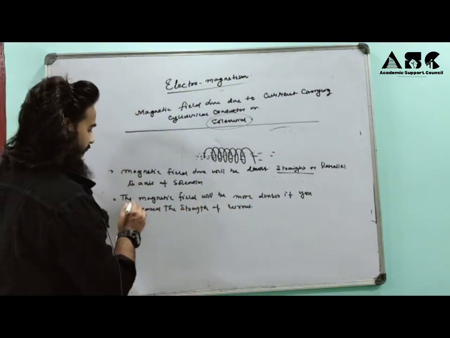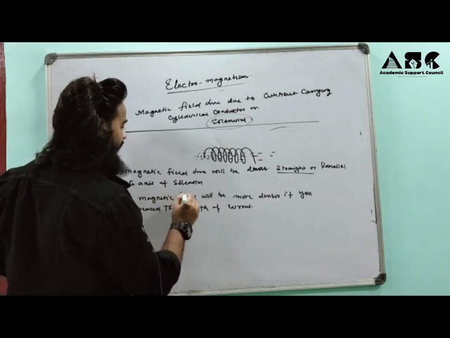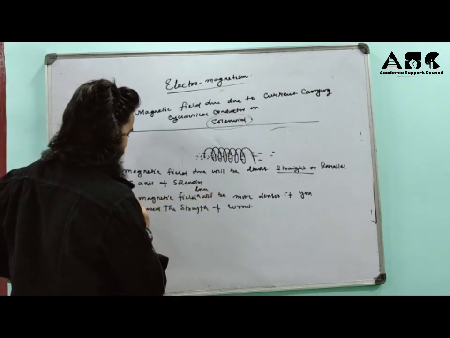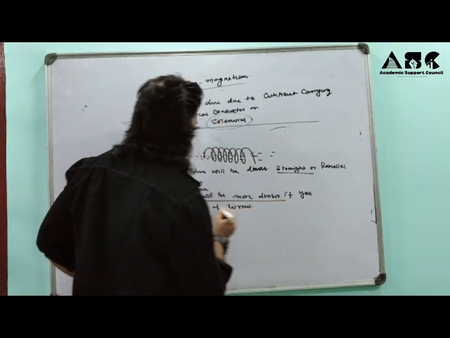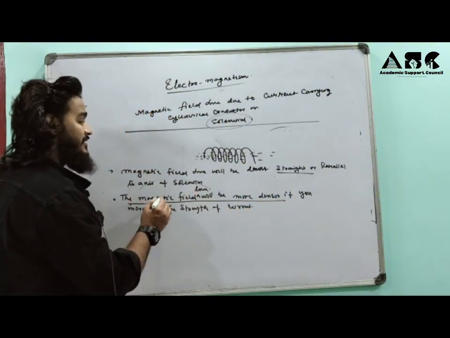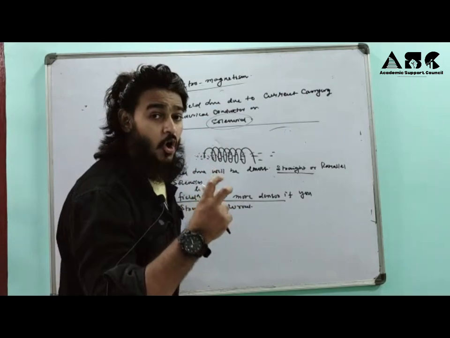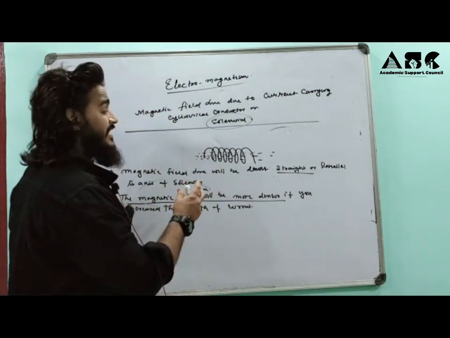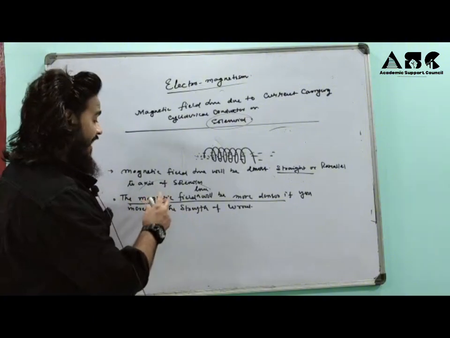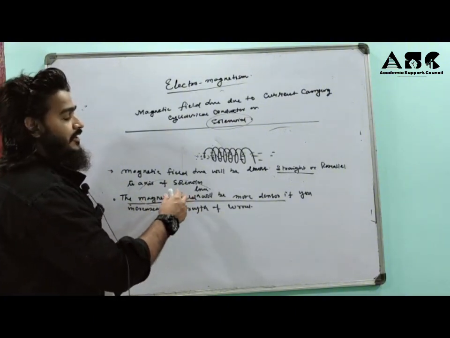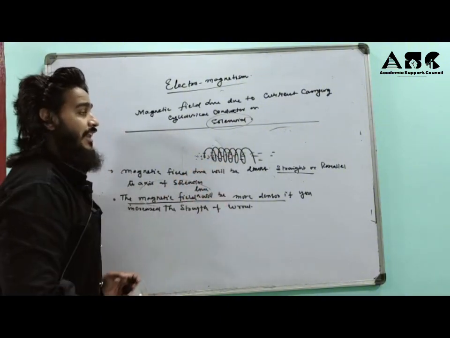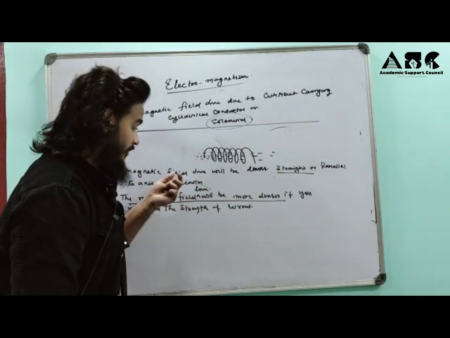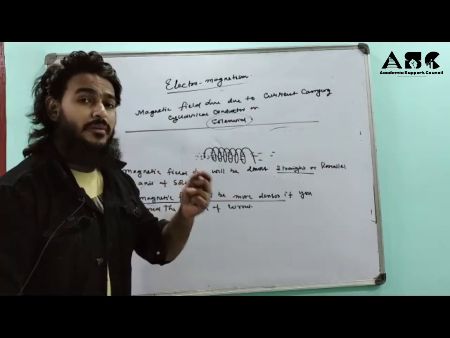The magnetic field lines will be more dense. If the magnetic field lines are more dense, it means there is a strong magnetic field. Less dense means less strength. And if the iron filings are more dense, it indicates they develop a very strong magnetic field.